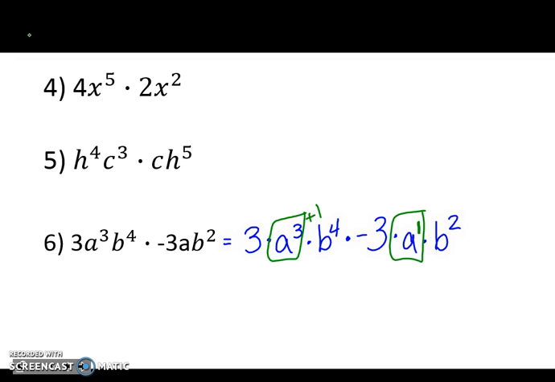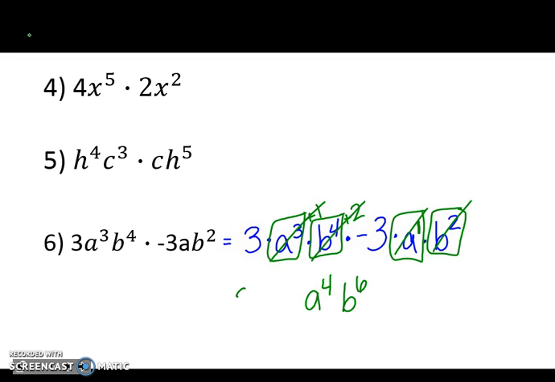A to the 3 plus 1 is going to be A to the 4th. It takes care of my A's. I like to cross them out as I go so I can see what I still have left. And then B's can go together. So if I take B to the 4 plus 2, I'm going to get B to the 6th.